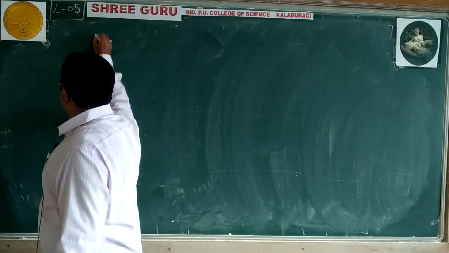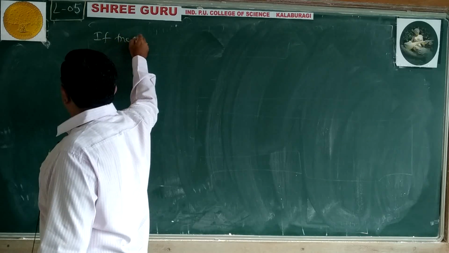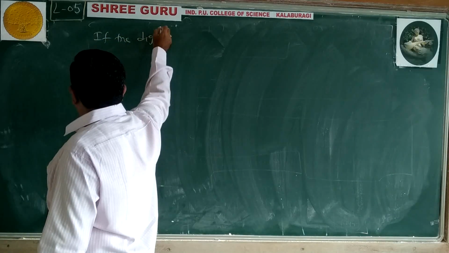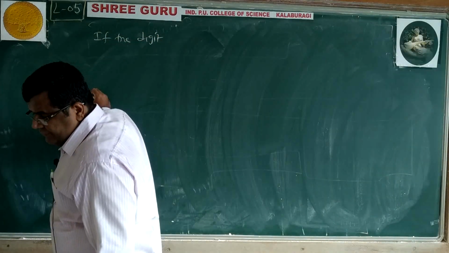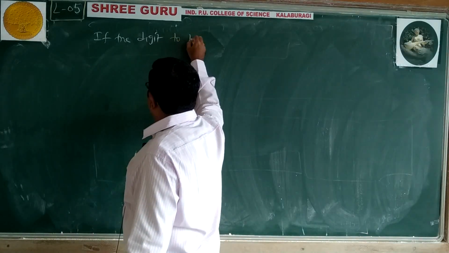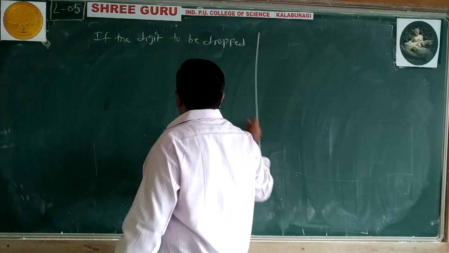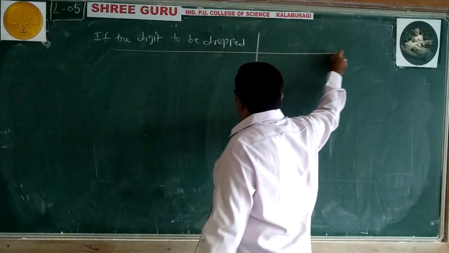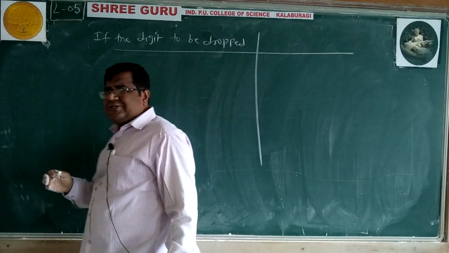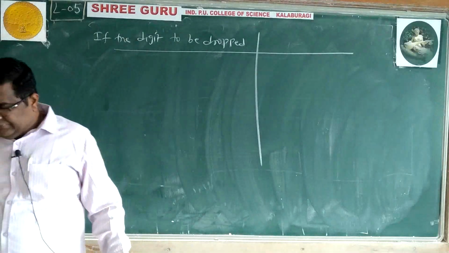So we'll make one table. If the digit to be dropped, in one column, because a large paragraph is written in the textbook, we are making it short.